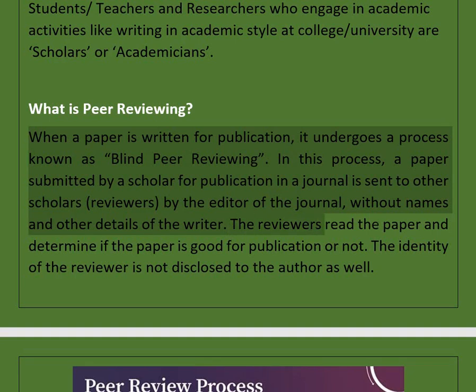The reviewers read the paper and determine if the paper is good for publication or not. The identity of the reviewer is not disclosed to the author as well.